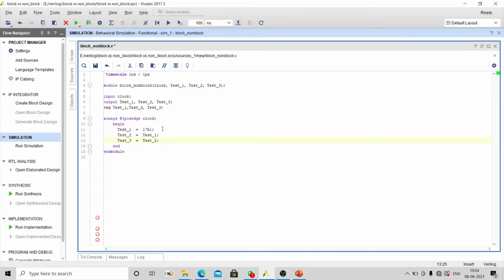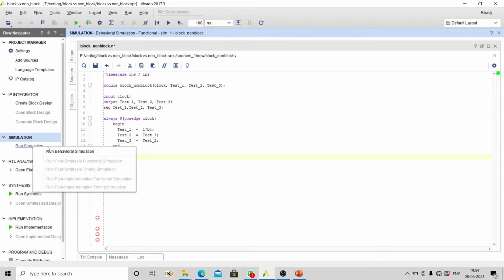So these three lines are going to execute in a sequential manner, as we saw previously in C. First the one-bit binary 1 is assigned to test1, and after completion of this line, test1 is assigned to test2, and later test2 is assigned to test3. The value 1 is assigned to test3 in a single clock cycle. So I'm going to run this simulation. Let's see.